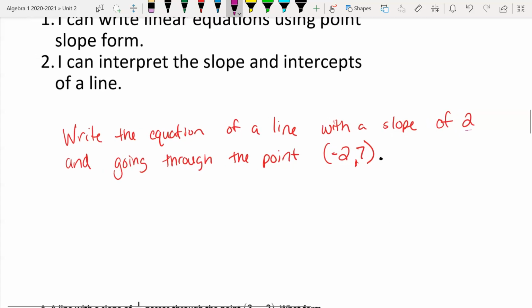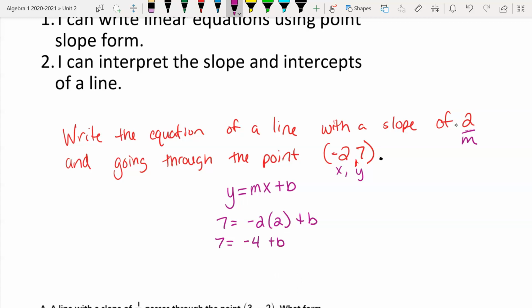Hopefully you came back from your pause, and again, we're writing in slope-intercept form. It looks like this. So I know my slope. This is my x, this is my y. So I'm going to say 7 equals 2 times 2 plus b. 7 equals 4 plus b, and I'm going to subtract 4 to get my y-intercept is 3.